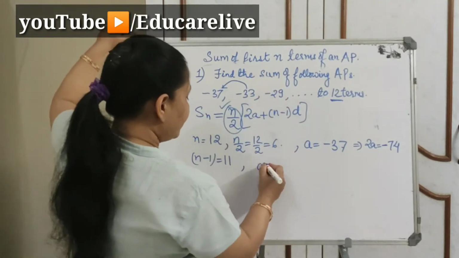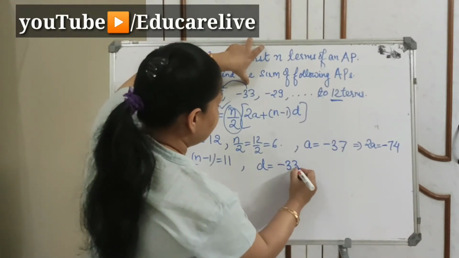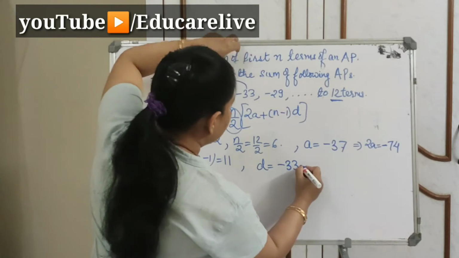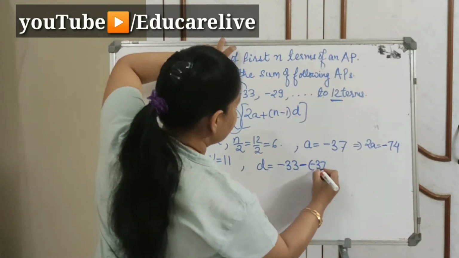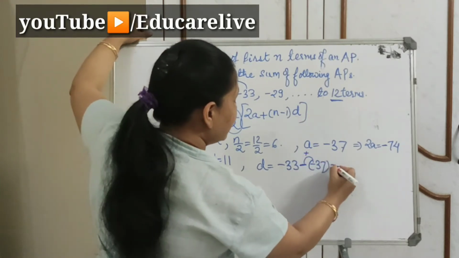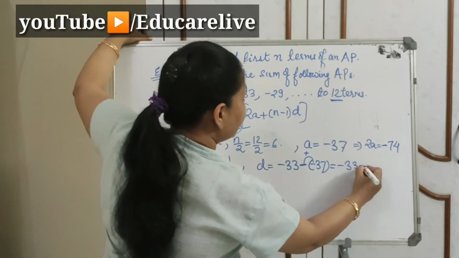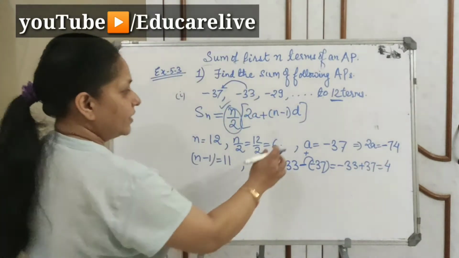So the second term is minus 33, and we subtract the first term, minus 37. Minus and minus is plus, so minus 33 plus 37 is 4. Now we know D also.